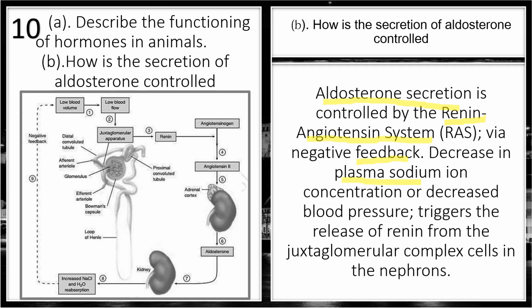Decreased plasma sodium ion concentration or decreased blood pressure triggers the release of renin from the juxtaglomerular complex cells in the nephron.